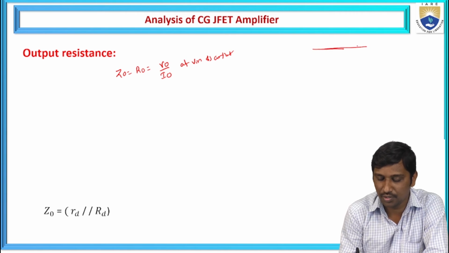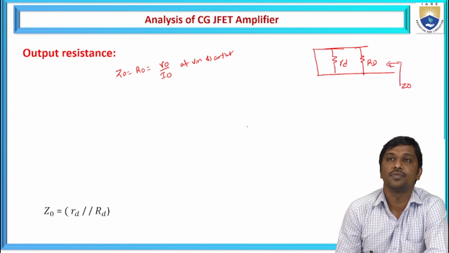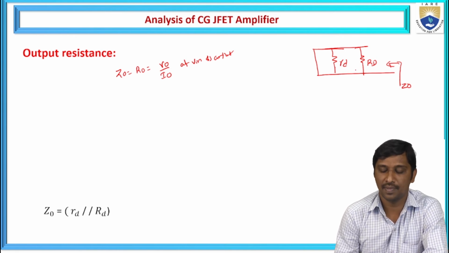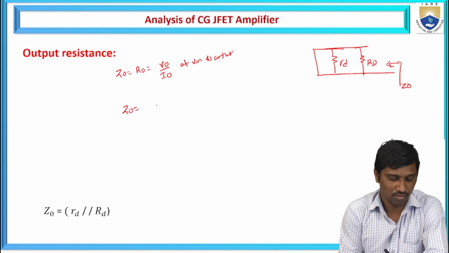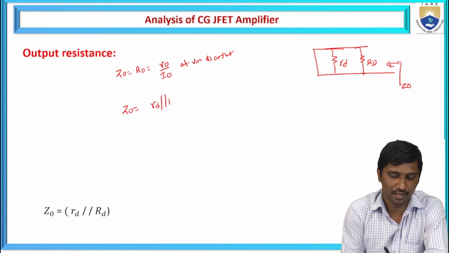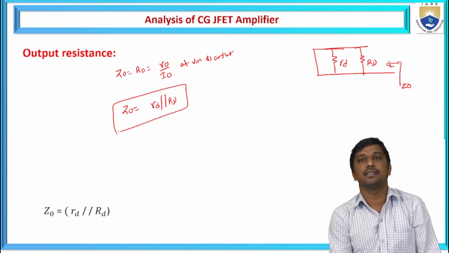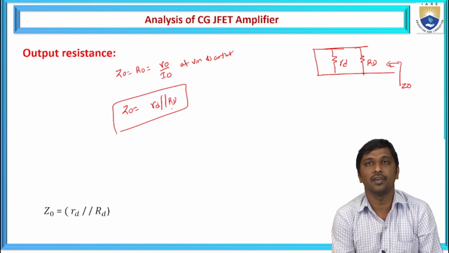From the small signal model, at the output side we have two impedances, and here I am going to find Z0. We know that these two impedances are in parallel combination, hence Z0 is represented as small rd in parallel with capital RD.